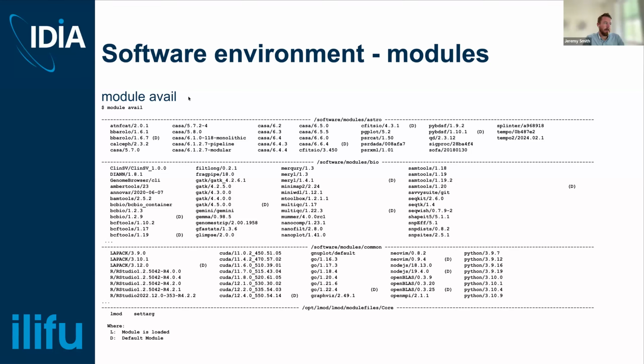You can also filter this by writing module avail and then a specific software like Python, and then it'll just show you what versions of Python are available. In terms of the output here, the capital D shows the default module that will be loaded if you don't specify a version. This will generally be the latest version of a particular software.